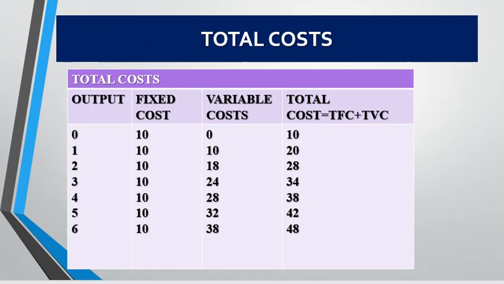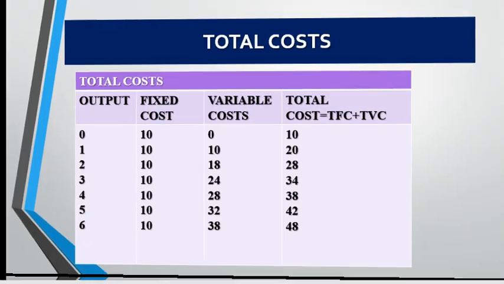When the output is zero, the total cost is equal to the fixed cost. When we are producing one, the total cost is the sum of fixed cost plus variable cost. So total cost will be 20. By totaling the fixed cost plus variable cost, we will have the total cost. As the output increases, the total cost also increases.